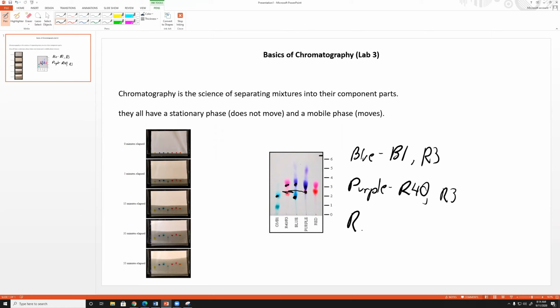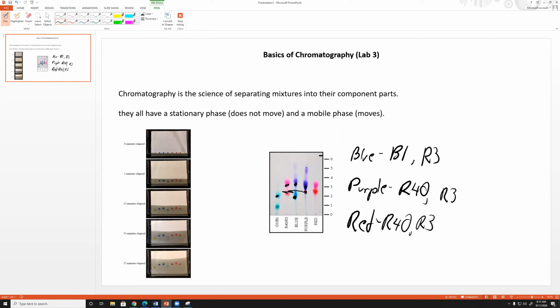The last dye is the red dye, which has two dots at about the same distances. So again, the red dye has R40 and R3. You might wonder why purple and red are different colors but have the same components. There could be multiple reasons. Maybe one of the components didn't move at all, or maybe one moved further.